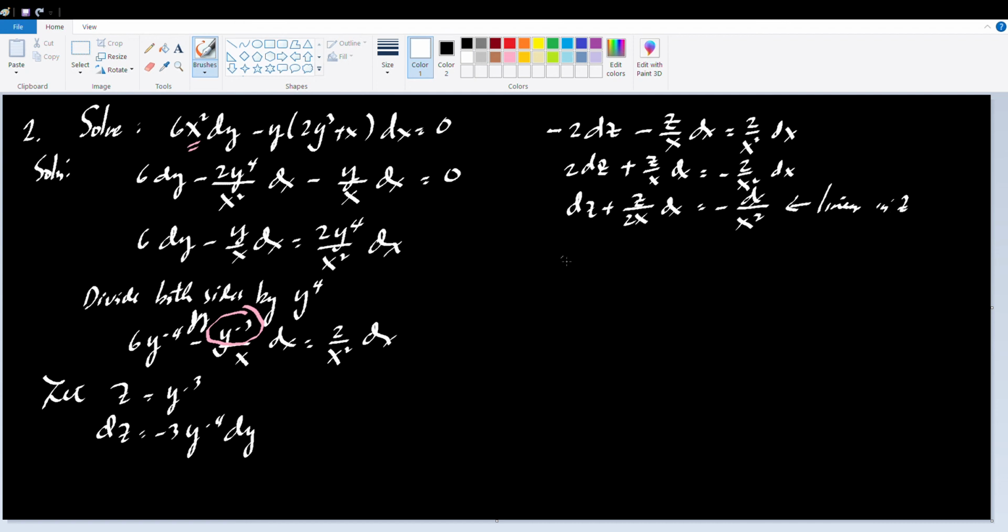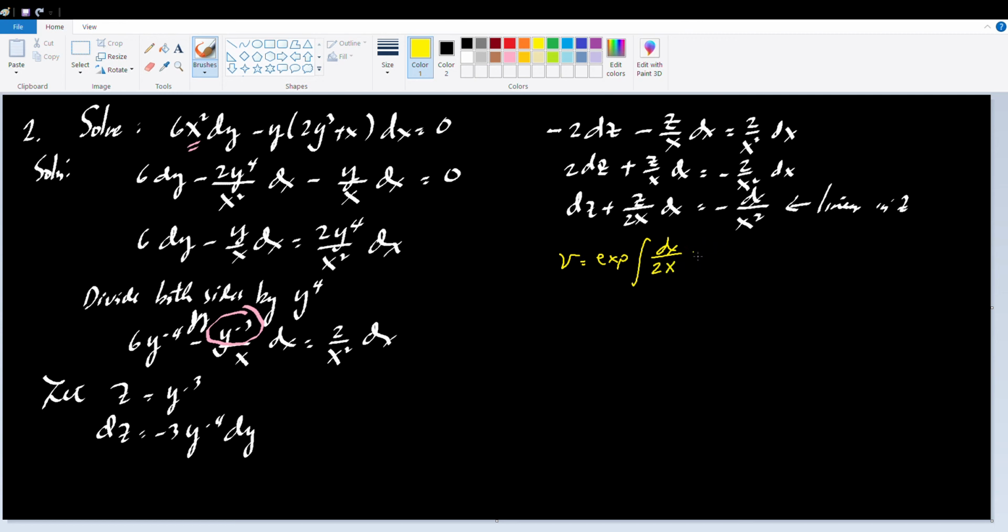Okay, so our integrating factor v is equal to exp of the integral of dx over 2x.